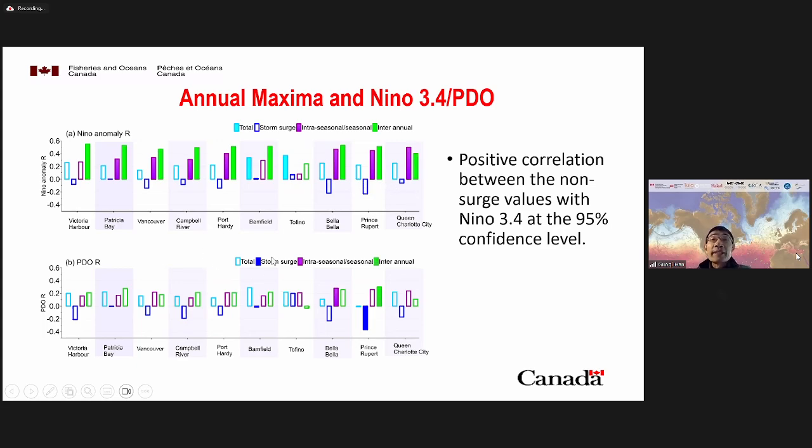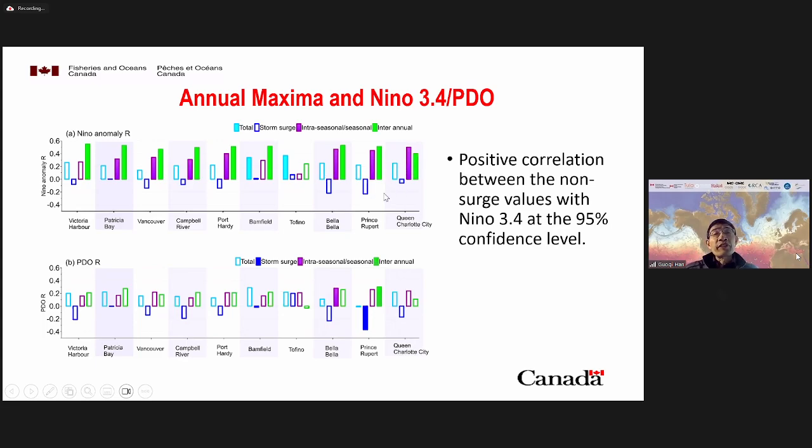Here we calculated the correlation coefficient, and a solid bar means statistically significant at the 95% confidence level. You can really see the non-surge component, including intraseasonal, seasonal, and interannual components, is statistically significant with the El Nino index, so that's positively correlated.